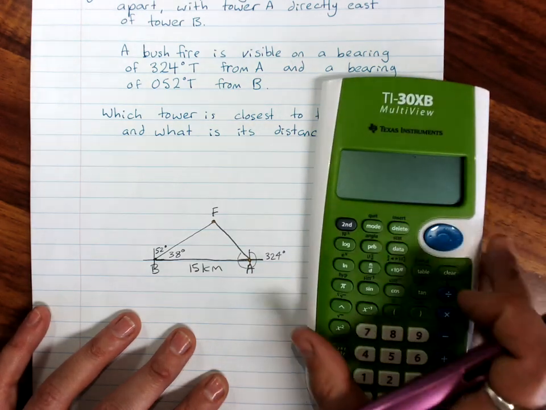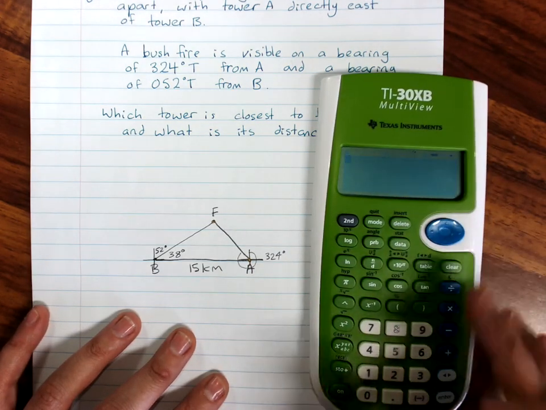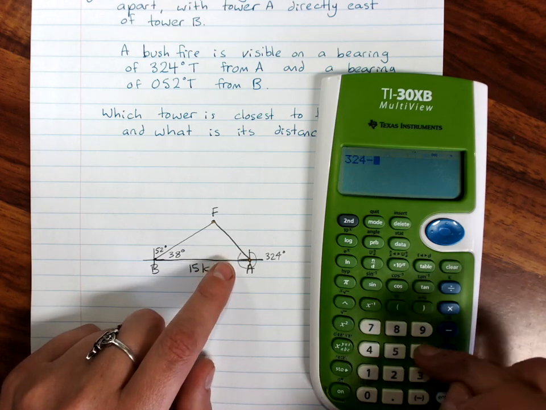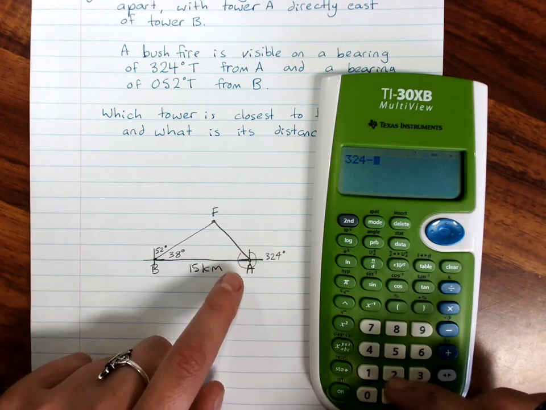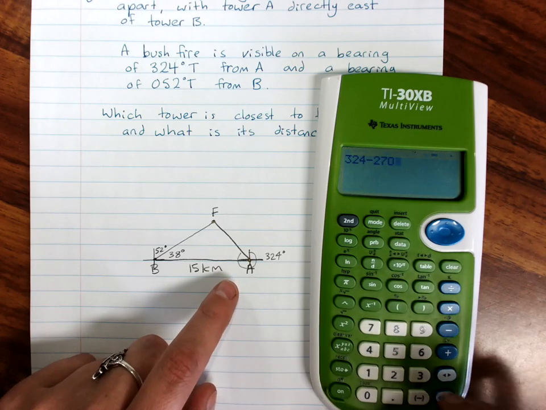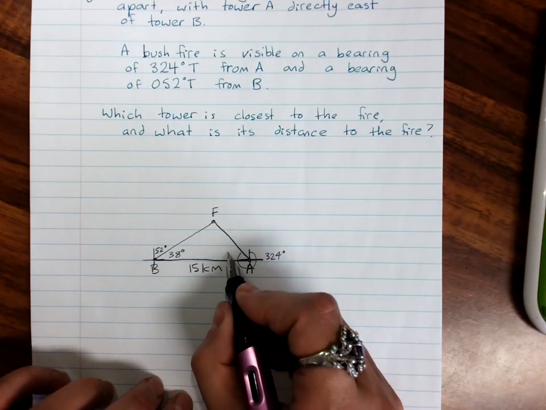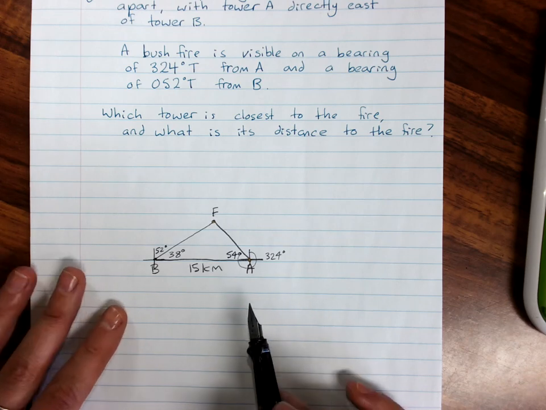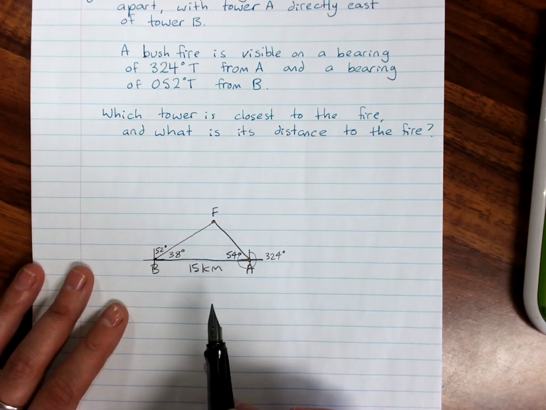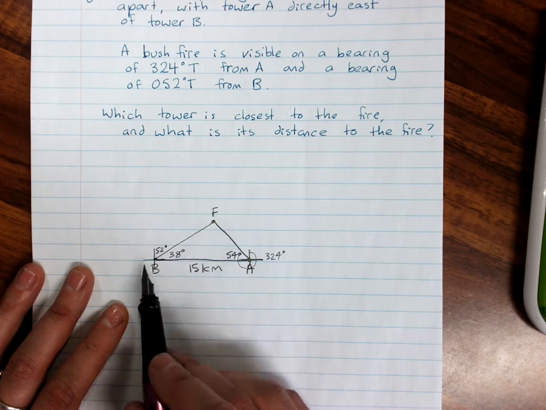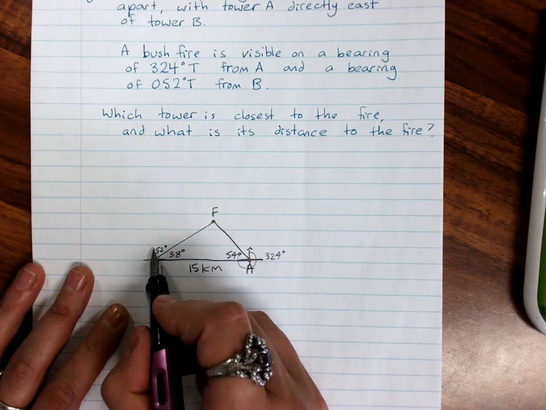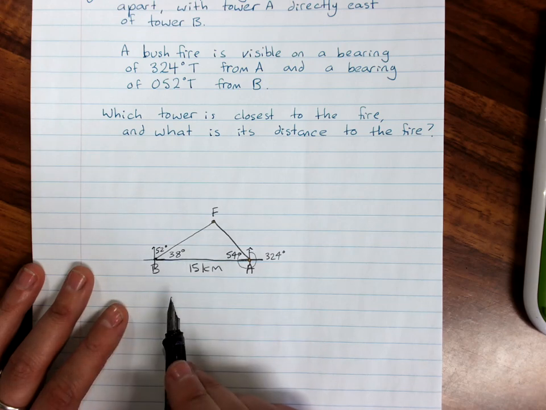Let's reduce our working a bit. 324 take away those 3 lots of 90 around there, 270. I've got an angle of 54 degrees in here. So your first step is always to draw your diagram, and remember definitely compass roses anytime you've got a bearing.